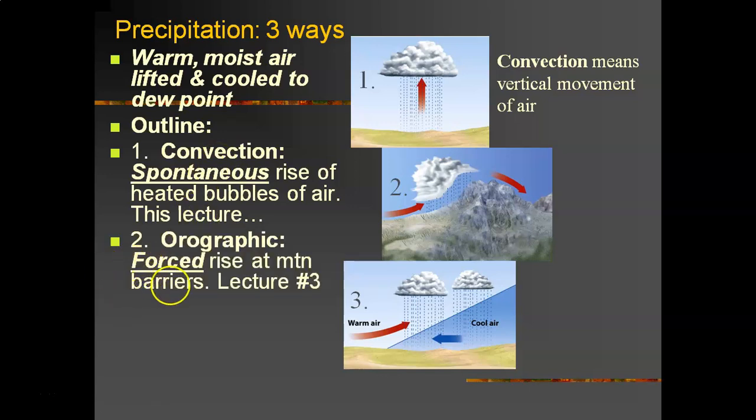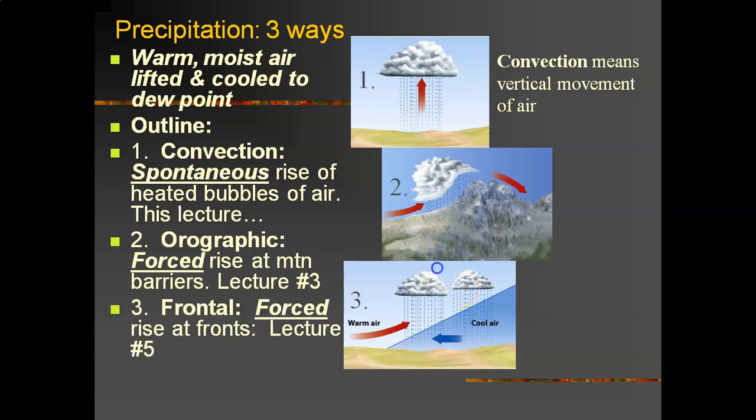In the next lecture, number 3, we're going to talk about orographic precipitation, illustrated here. Orographic refers to mountains, and in this case, it's the forced rise of warm, moist air at a tall mountain barrier. Of course, we don't have mountains in Louisiana, so it's not a factor here, but it's very common in the western United States.